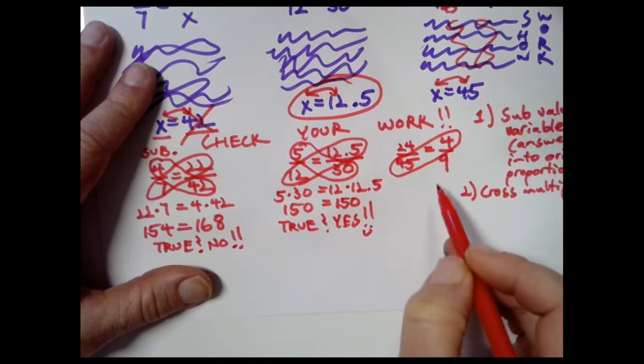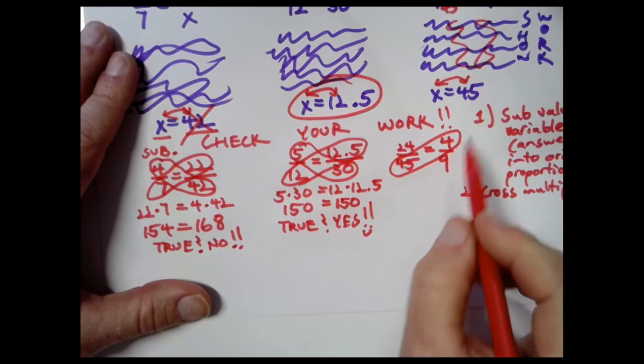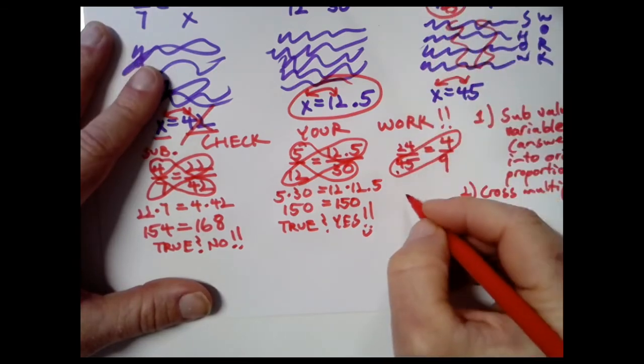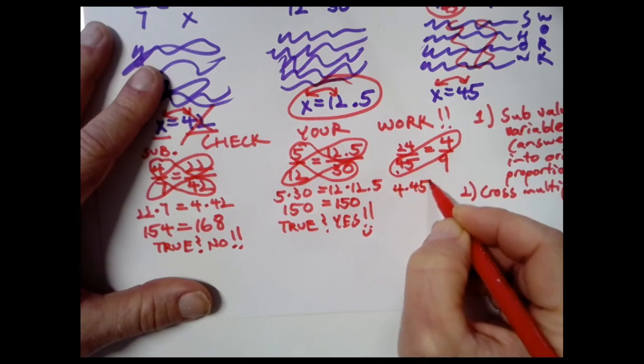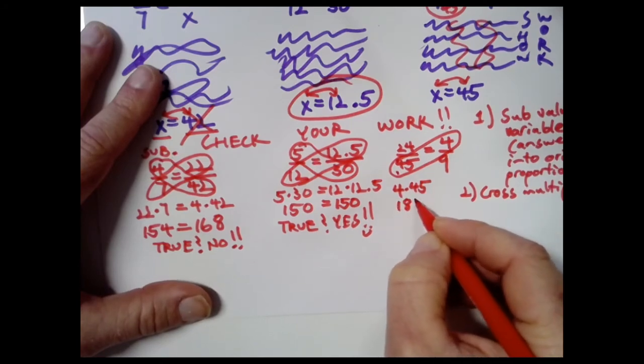Okay, so I thought the answer was 45 here. So that's the 45, which got substituted for the x. So on one side, I'm going to run out of room here. This is 180.